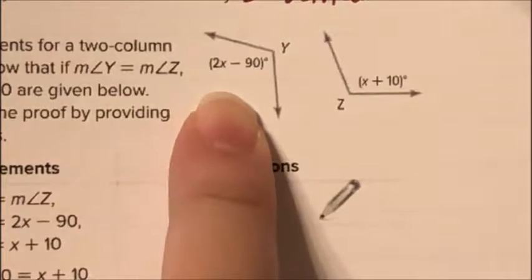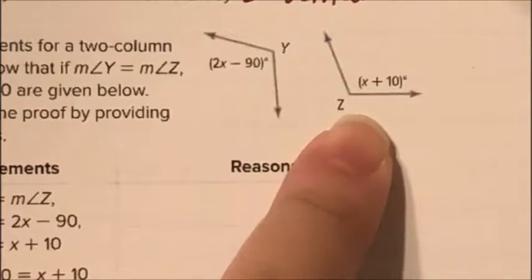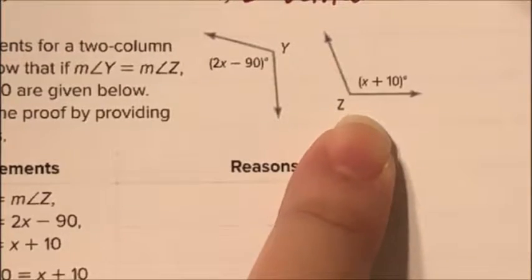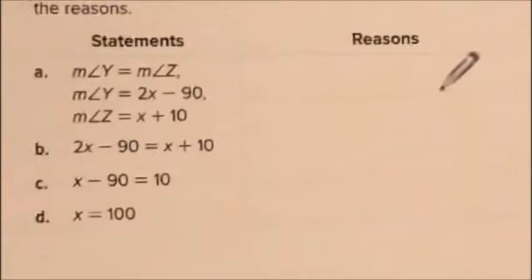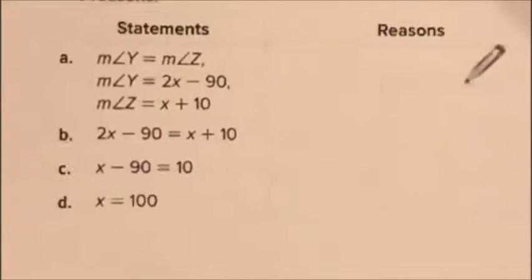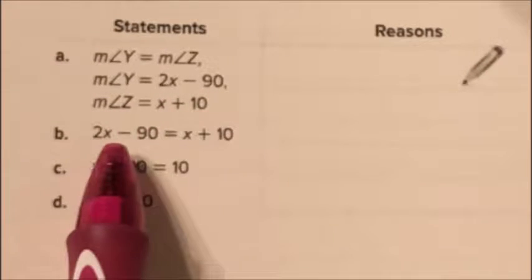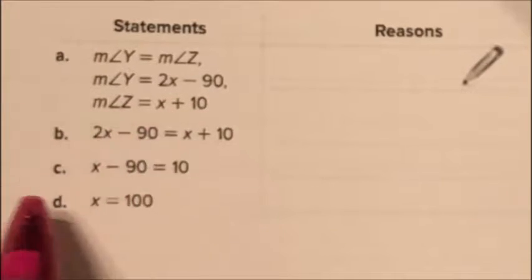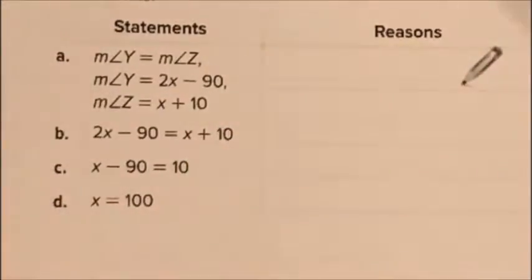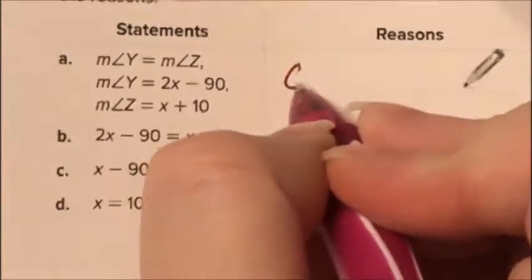Angle Y is 2x minus 90, and angle Z is x plus 10. Here are my statements. The measure of angle Y equals the measure of angle Z. Measure of angle Y equals 2x minus 90. Measure of angle Z equals x plus 10. Those are given to us.